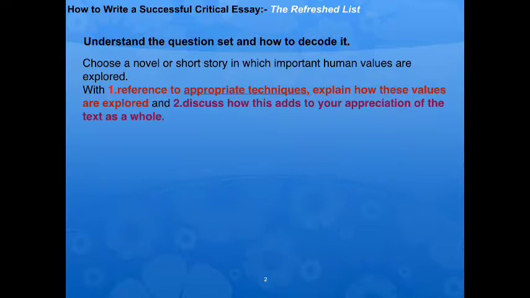The second part of the question is, how does this add to your appreciation of the text as a whole? How does the writer's use of these appropriate techniques to explore these human values add to your appreciation of the text as a whole?